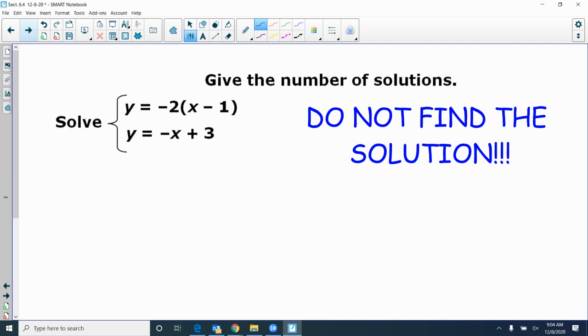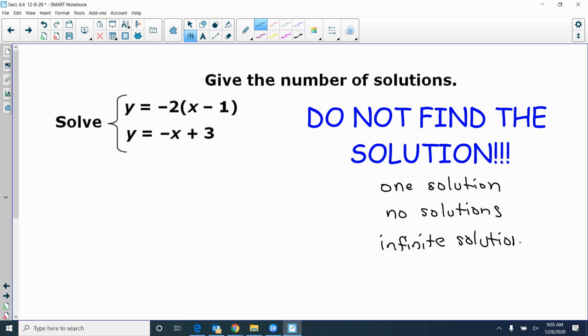Yeah, you would just say it has one solution. You would say it has no solutions. Or we would say it has infinite solutions. Do not try to tell me what the solution or solutions are. Don't say like 2, 4. I don't want that. You got to read the directions, give the number of solutions.